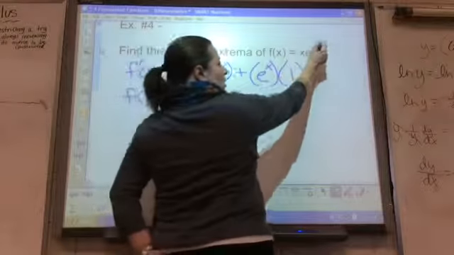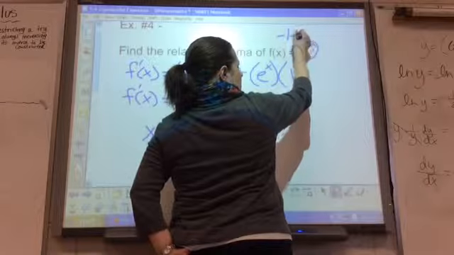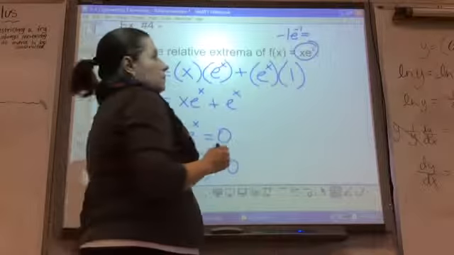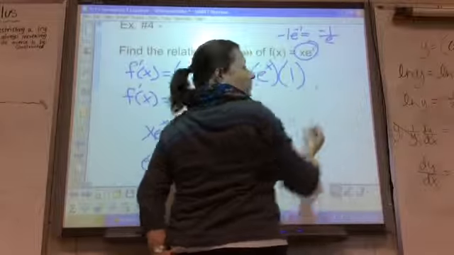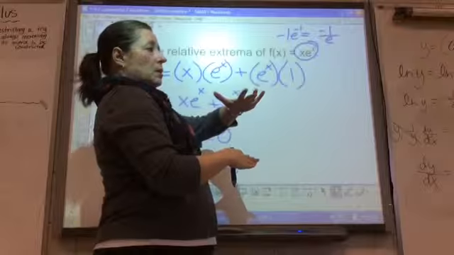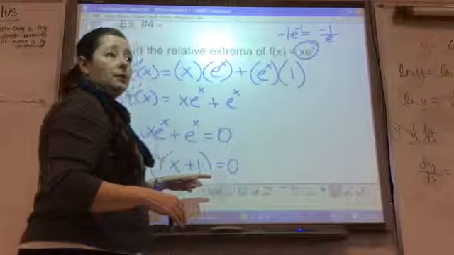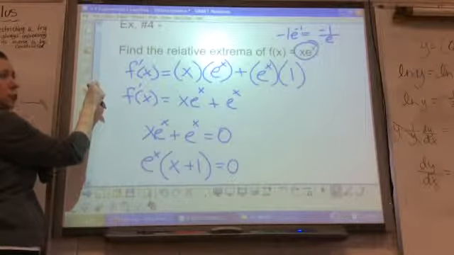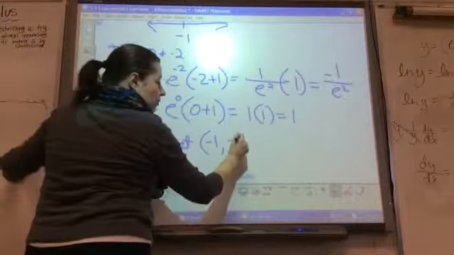So it would be -1 times e to the -1, which equals negative 1 over e. Look at it: e bumps down, becomes positive, so it'd be -1 over e. So that's our y value. I just want you to know how to deal with these e's.